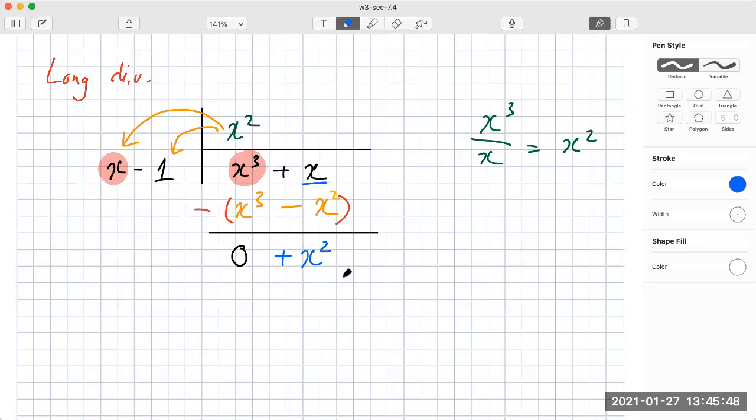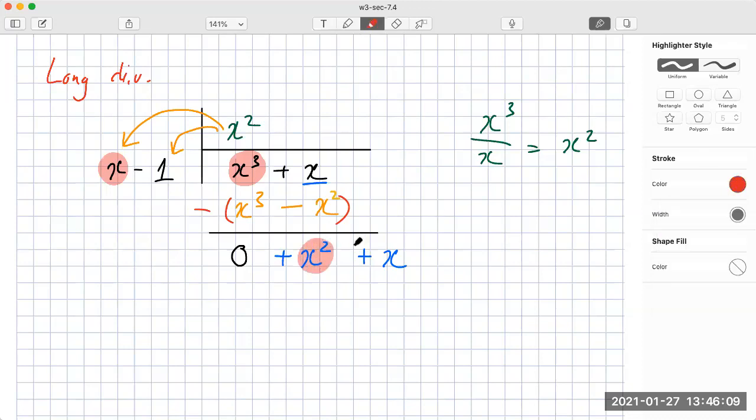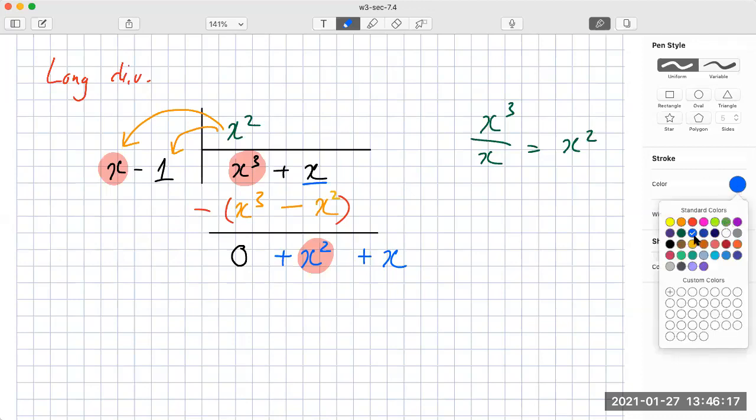Yes, and this term, we need to rewrite it. Is it clear to this point? Now a similar process is repeated. We consider the highest degree term of the remainder, and divide it by the highest degree term of the divisor. What do we have here? Yes, we have x here. Very good.